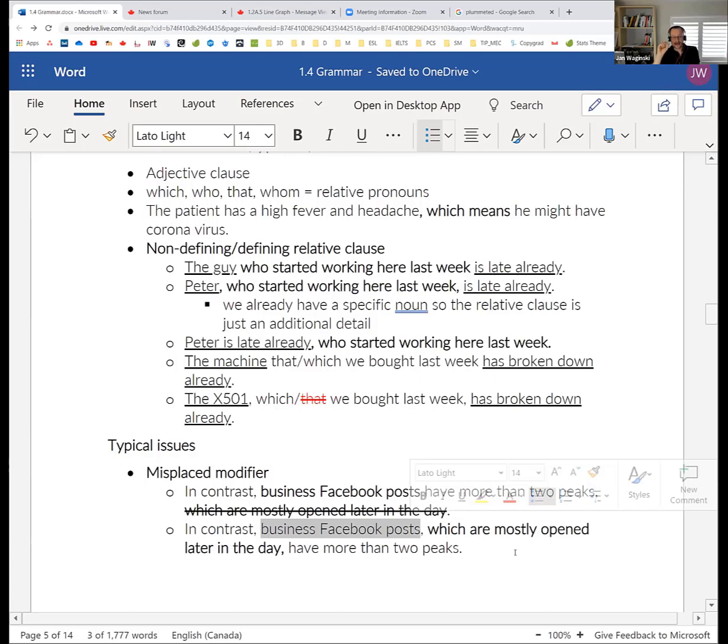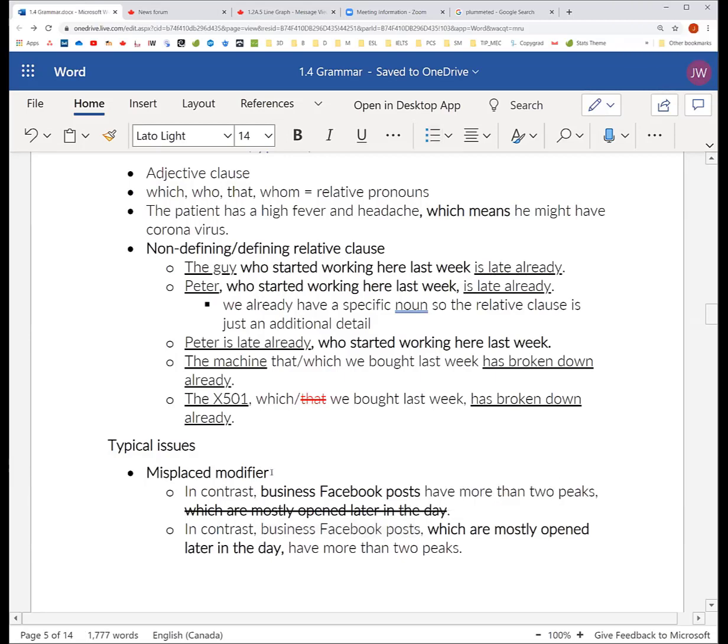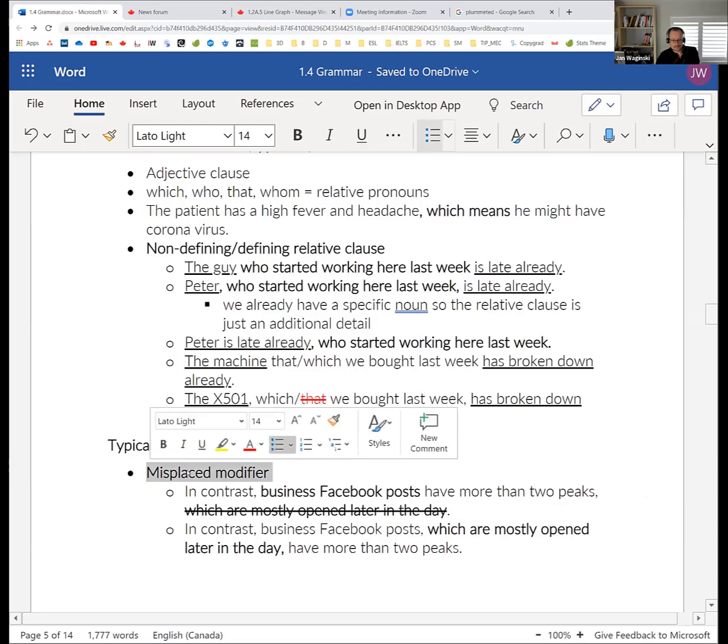It's not tied to any specific word in that sentence. And if that's the case, there's lots of places where you can put it. It's your choice where you want to do it, whatever sounds better to you. But with a bound modifier like a relative clause, it's just got to go directly after the idea it describes. So if you see misplaced modifier, that's what I'm talking about.